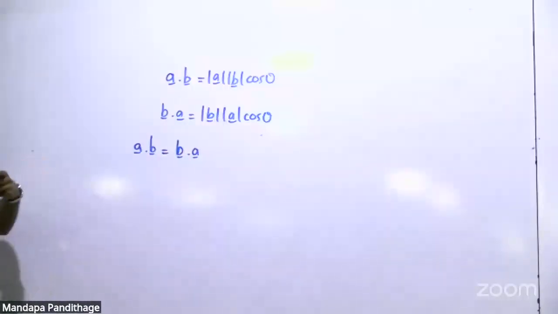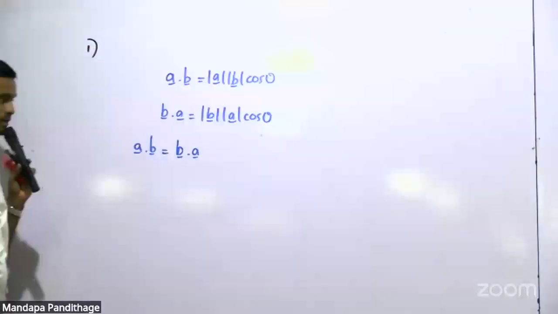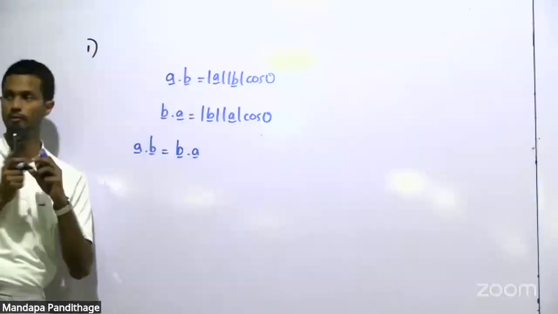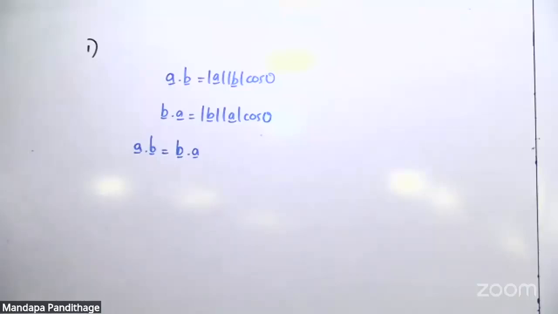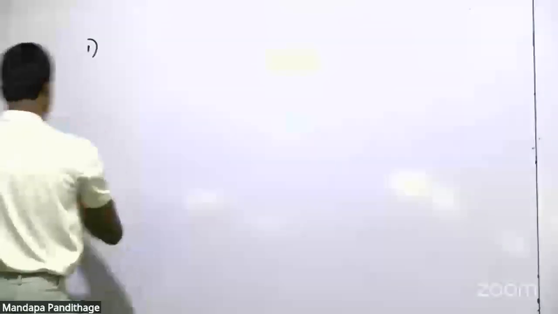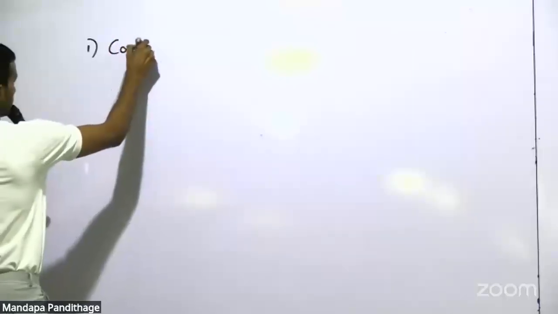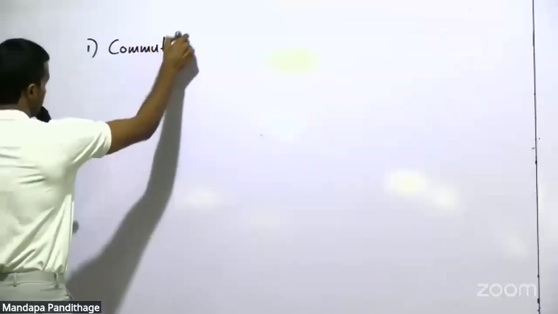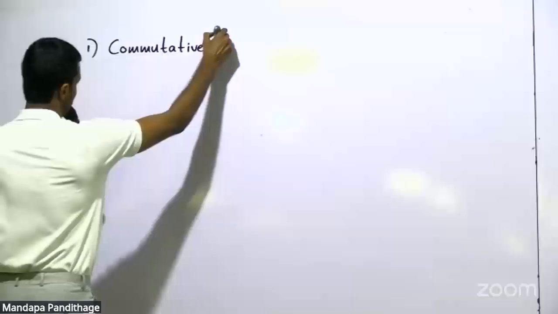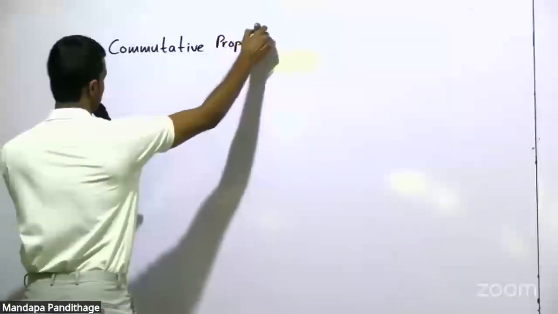Okay, so then write the first one, number 1. So we are discussing important points related to vector dot product. Number 1: the vector dot product is commutative.